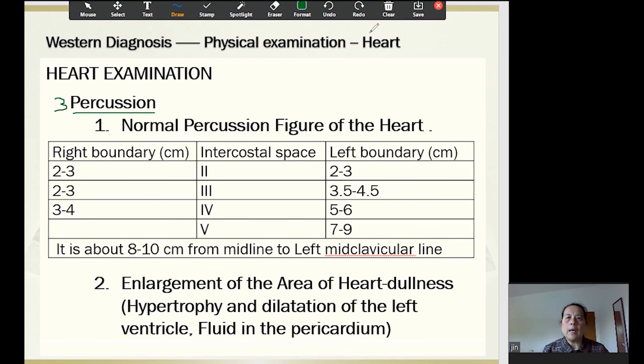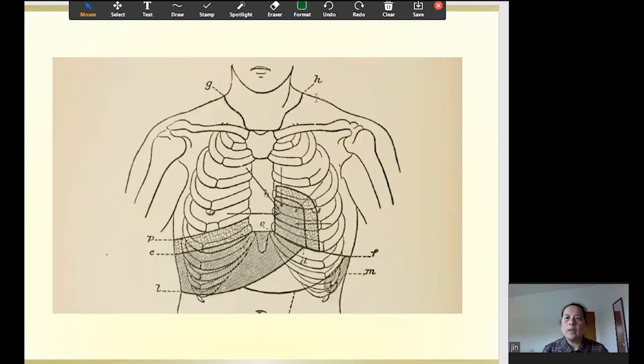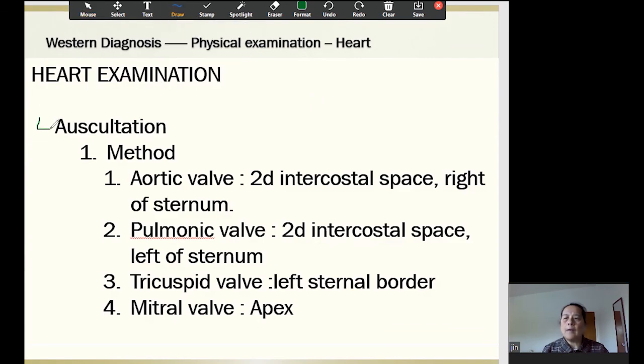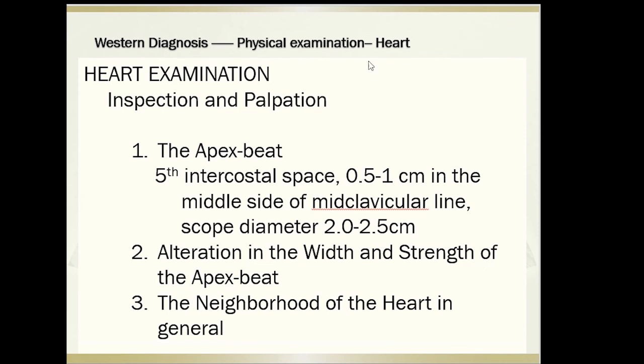And certainly we have a fourth part, auscultation. So we say we still use four ways to examine the heart: inspection, palpation, auscultation, and percussion. It should be percussion first, then auscultation. So let's talk in some detail about the heart examinations.